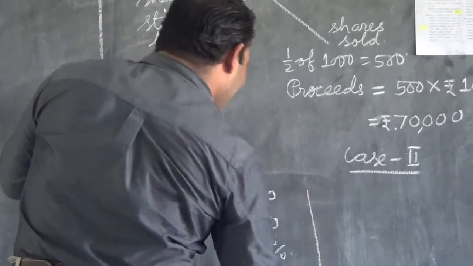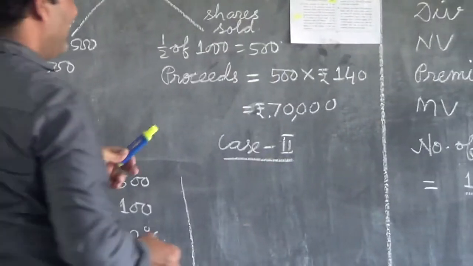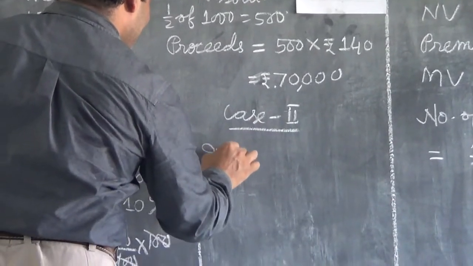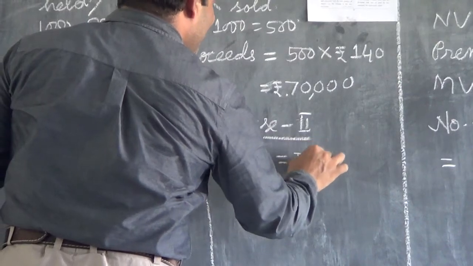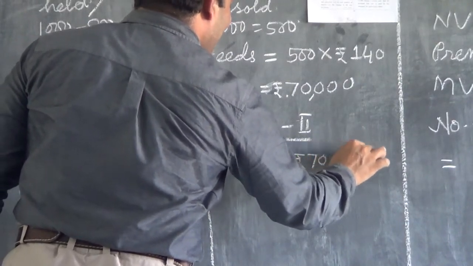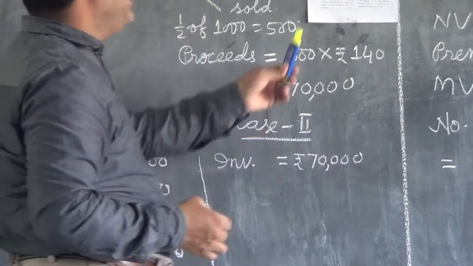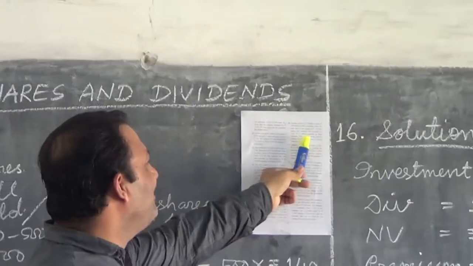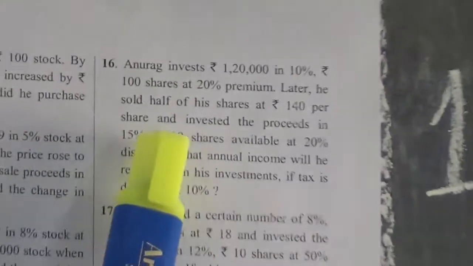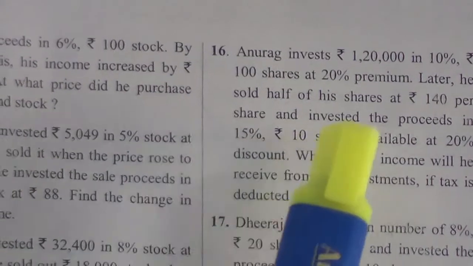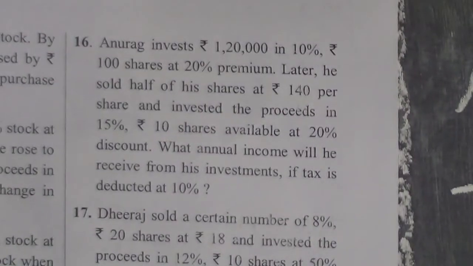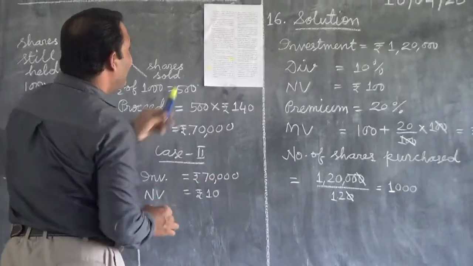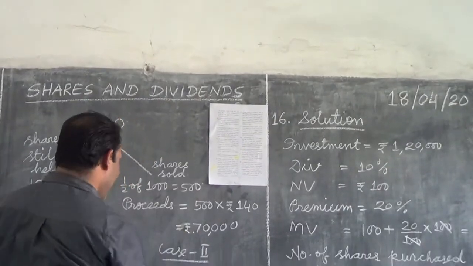Now in the second case, investment is 70,000 rupees. He invested the proceeds in a new company, in 15%, rupees 10 shares. Nominal value is rupees 10. Dividend, how much children? Dividend is 15%.